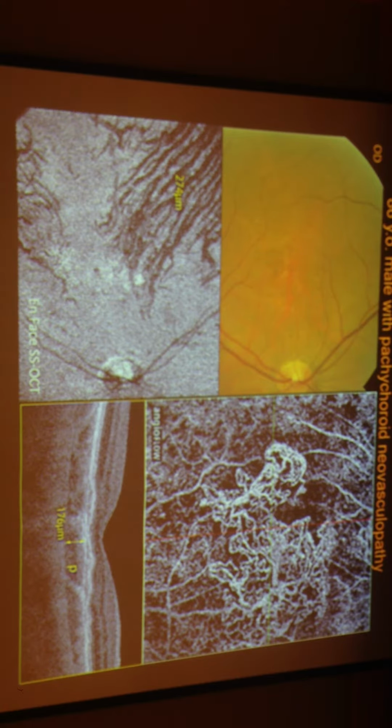So that's what we're trying to say, that the underlying mechanism for the sick RPE is really the thickening of the choroid, the pachychoroid, as well as the choroidal hyperpermeability, which causes the sick RPE. A chicken and an egg, we don't know which one comes first, but it's all a spectrum of the same disease.